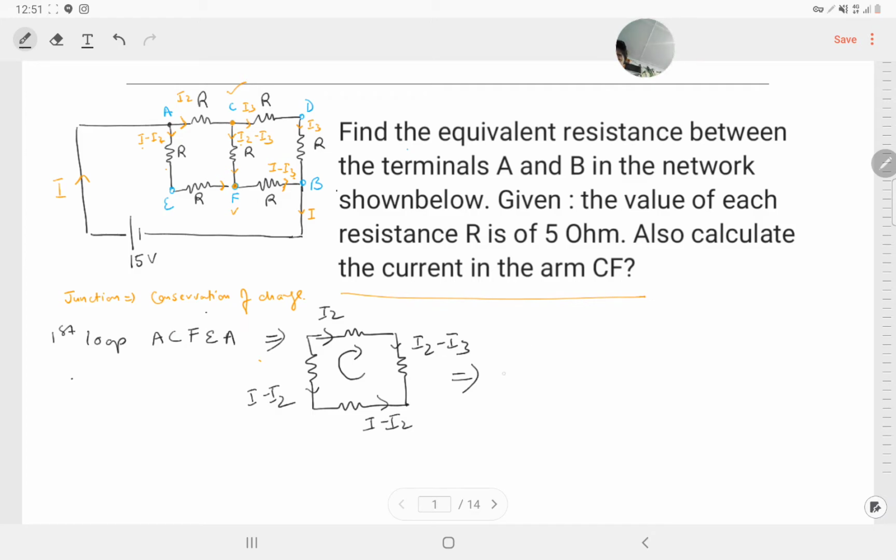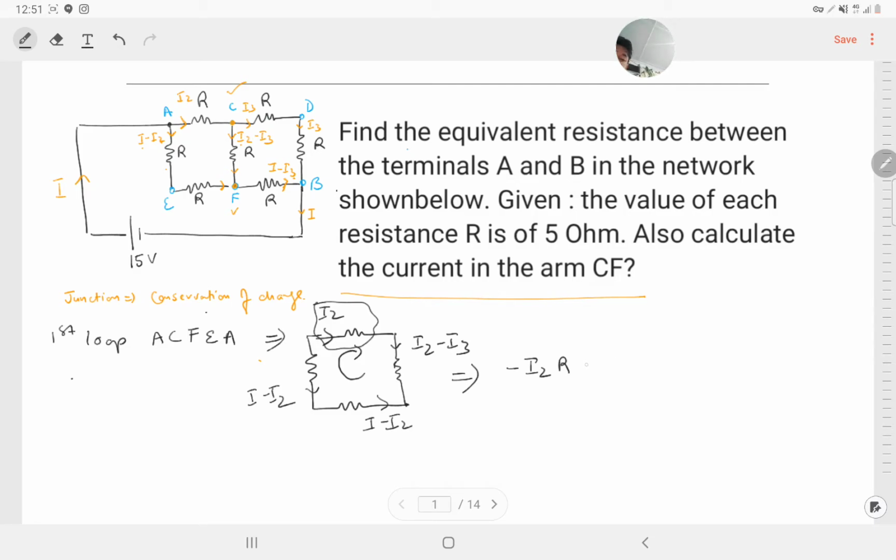So for the first part over here there is going to be a drop, so minus I2 R. Over here the same thing happens. You can see the direction of the current and the direction of the loop is the same.